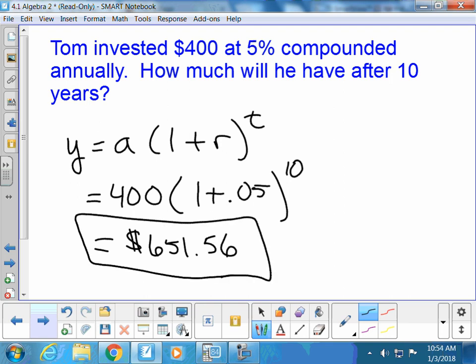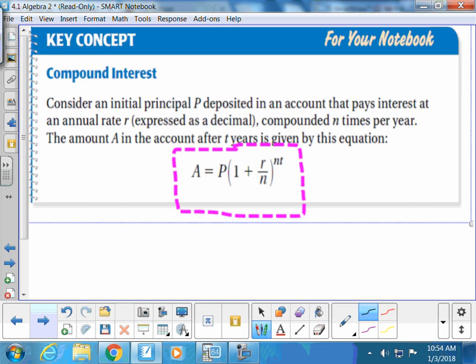So this formula can only be used as is if you're only getting the interest once per year. And like I said, most banks give you that interest more than once per year. So I actually have another formula. It's very, very similar. It throws in one extra variable, and that's the variable N. So P is still your starting amount of money, your principal amount of money. R is still your interest rate.